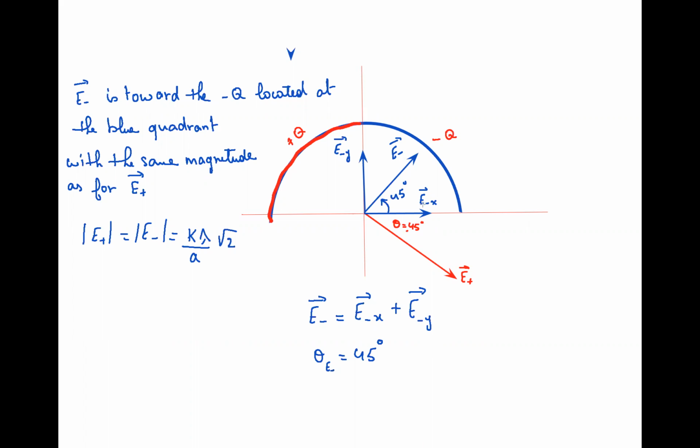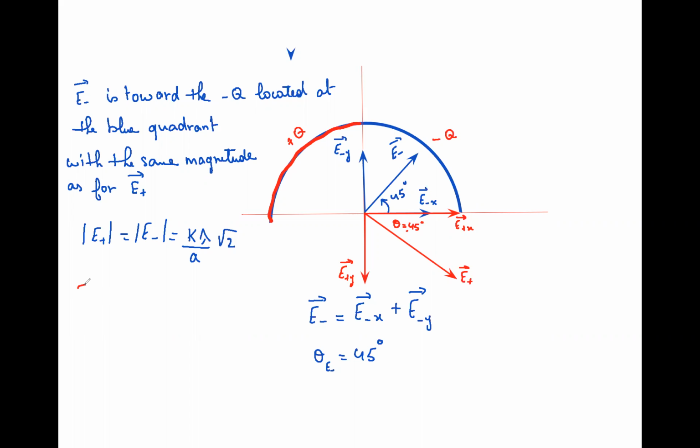E negative has E negative X and E negative Y, and E positive has E positive X and E positive Y. Okay, they have the same magnitude. So here we can say E positive X, and here E positive Y.